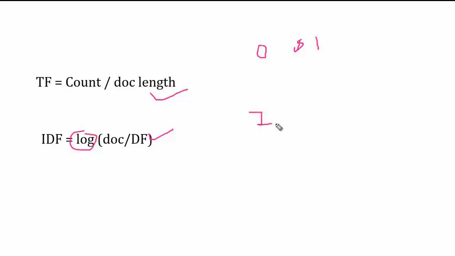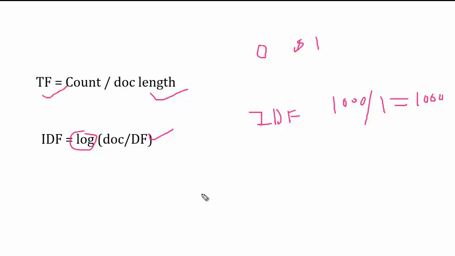So IDF becomes 1000 divided by 1. Here we are not considering log, right? So IDF is equal to 1000. Now if we multiply this with TF, which lies between 0 and 1, the IDF completely dominates the TF and we lose the effect of TF.